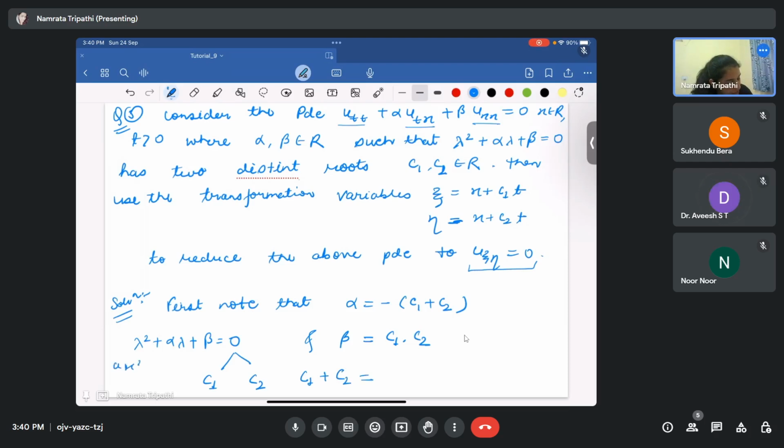Yes, ma'am, ax square plus bx plus c. If c1, c2 are roots, then sum of the roots will be minus b by a, and product of roots will be c by a. So here b is alpha upon 1, and c1 into c2 will be c by a, means beta upon 1. Fine. Okay, ma'am.